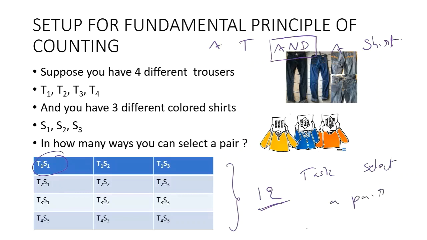Select a pair means I have to select a trouser, which is W1, and I have to select a shirt, which is W2. The number of ways of completing the task is equal to the number of ways of completing W1 times the number of ways of completing W2, which is 4 times 3, because we have 4 different trousers and 3 different shirts.